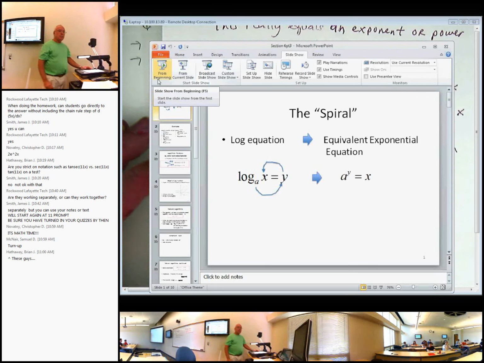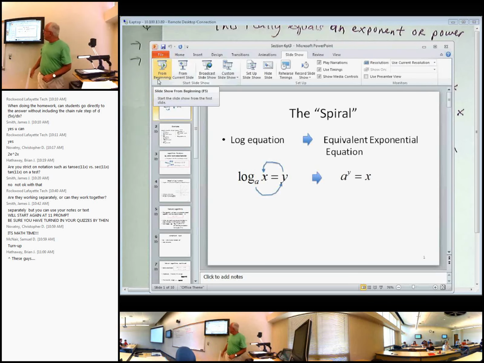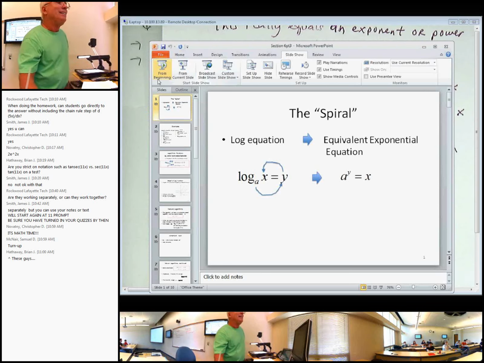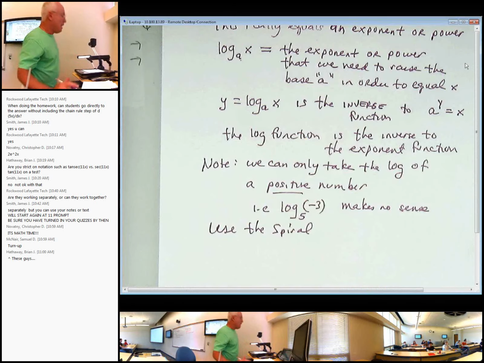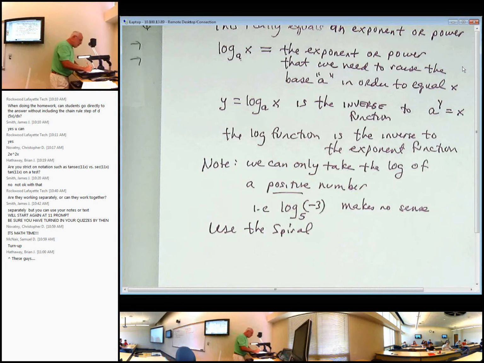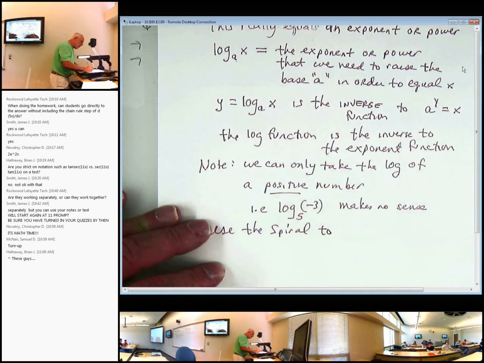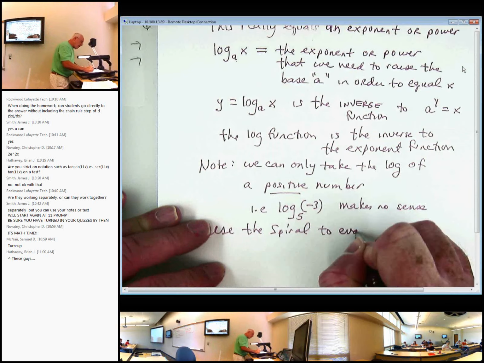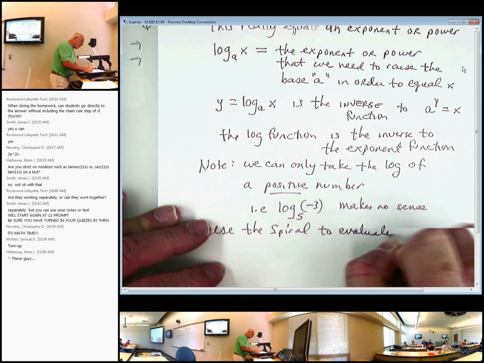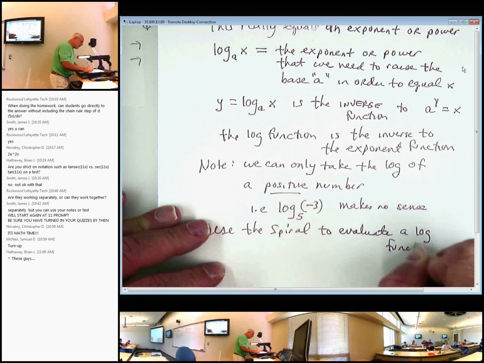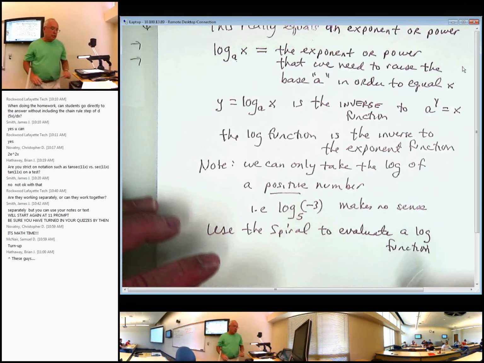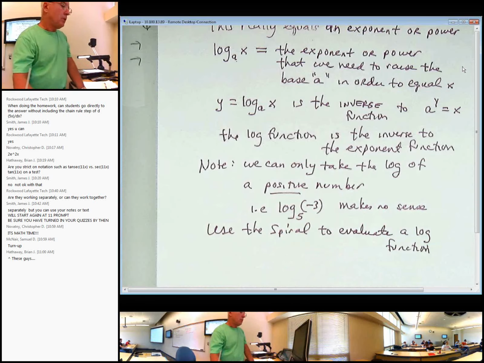I use the spiral to evaluate a log function, and I'll show what that is in just a second.